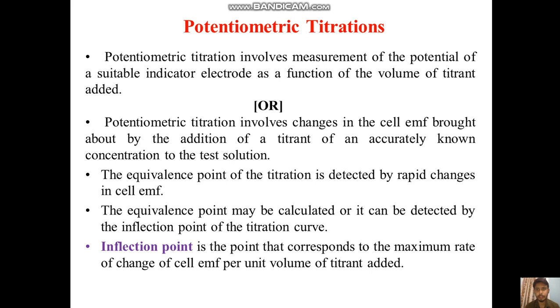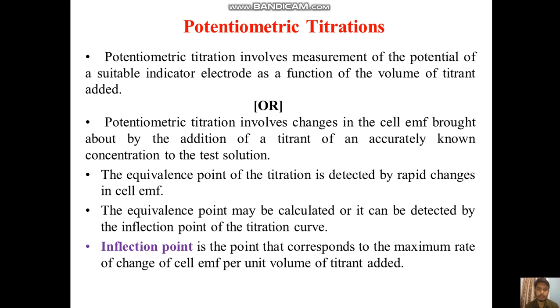The potentiometric titration involves measurement of the potential of a suitable indicator electrode as a function of the volume of titrant added. You can say that potentiometric titration involves changes in the cell electromotive force brought about by the addition of a titrant of an accurately known concentration to the test solution.